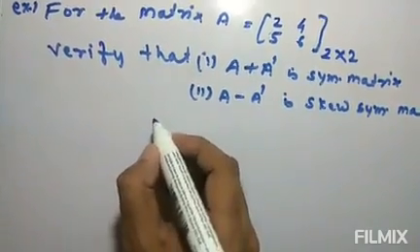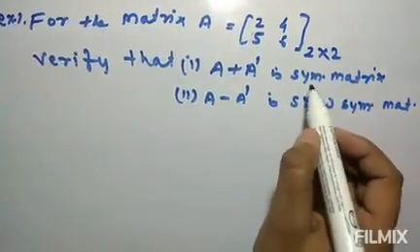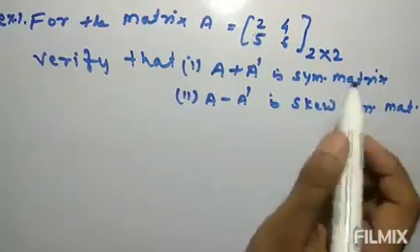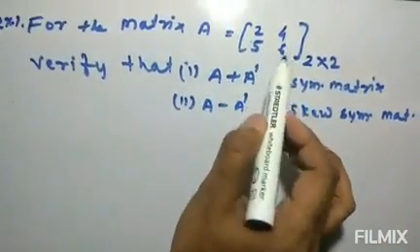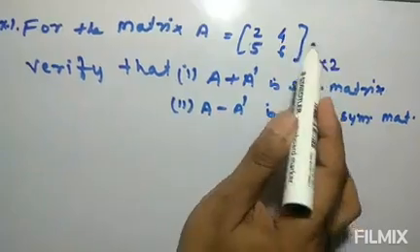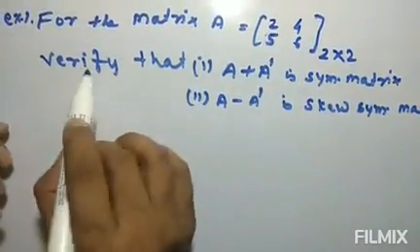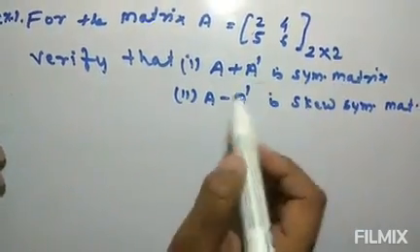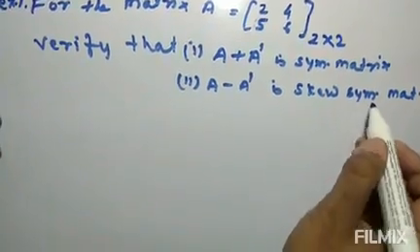We take one example based on symmetric matrix and skew symmetric matrix. Suppose the matrix A is 2 5 4 6, a square matrix, so we verify that A plus A dash is symmetric and A minus A dash is a skew symmetric matrix.